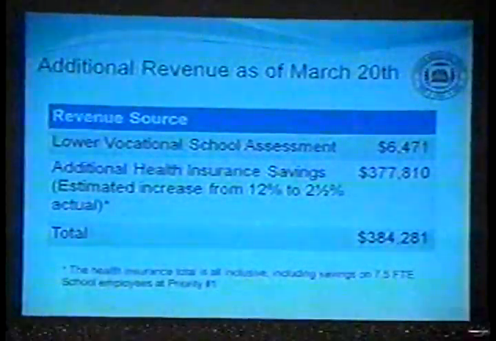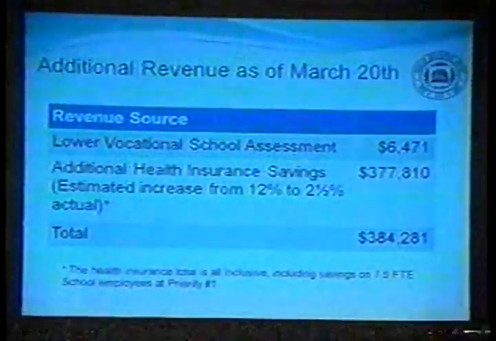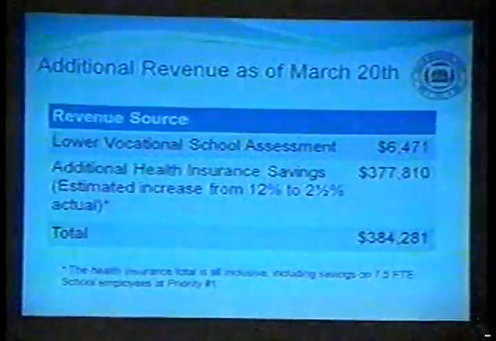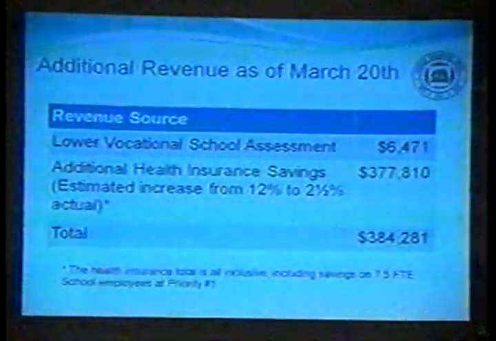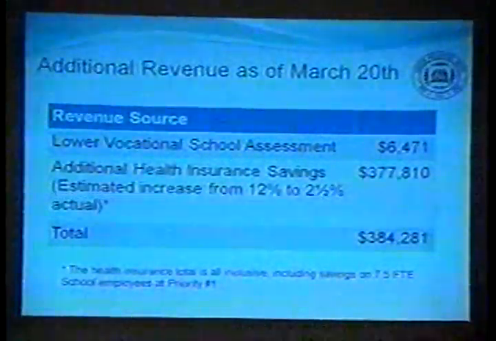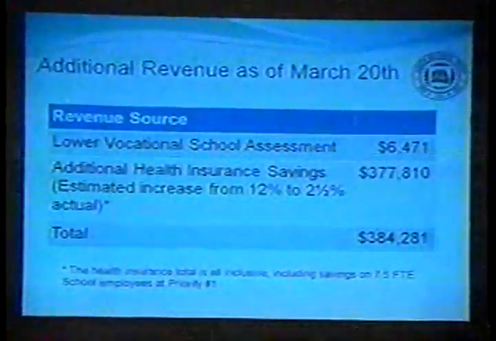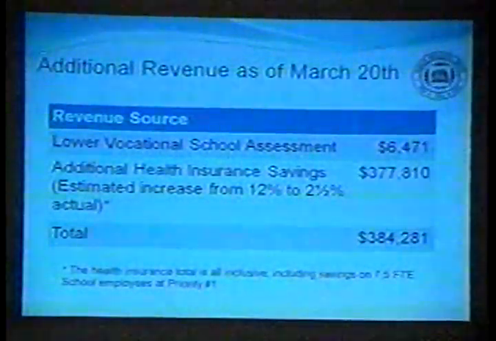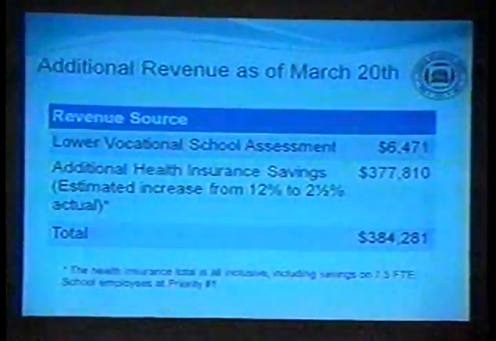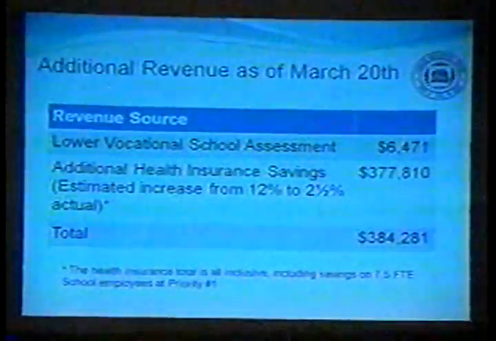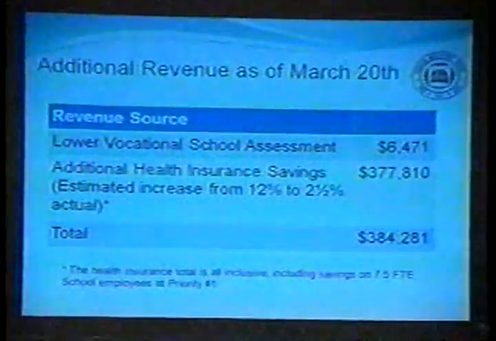Then, competition is wonderful. I think a lot of you can recall what happened when Verizon came in and started offering Fios and cable TV. All of a sudden there's some competition and we've got reduced rates. Well, the legislature has authorized the local communities to join the GIC program, which is the state insurance program.